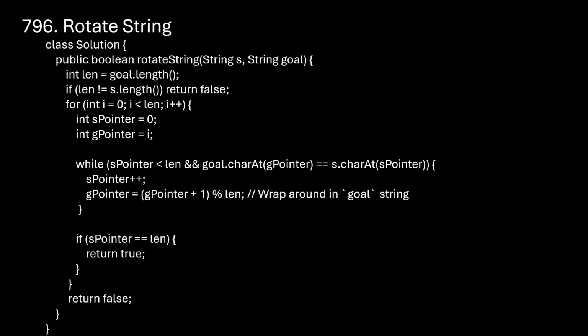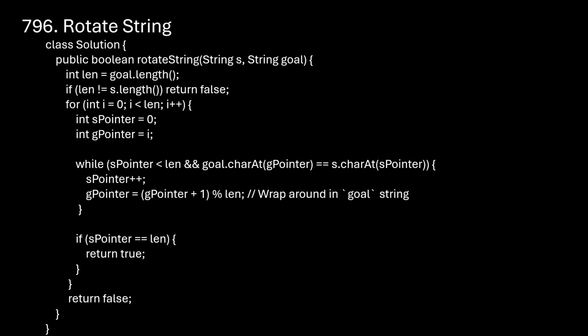And we're going to shift the G pointer, but we can't just increment it because then we're going to go out of bounds. So we have to use modulus with the length of the goal string so that we can reset the pointer to the beginning if it ever goes outside of bounds. The only thing we really care about in this problem is the S pointer, because the second it's reached the end, we're done, and we can just return true.